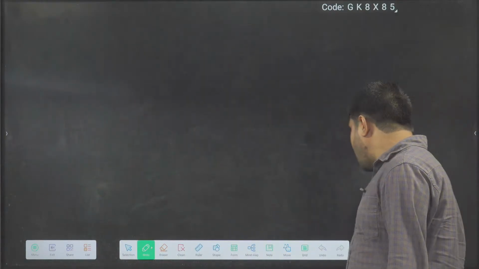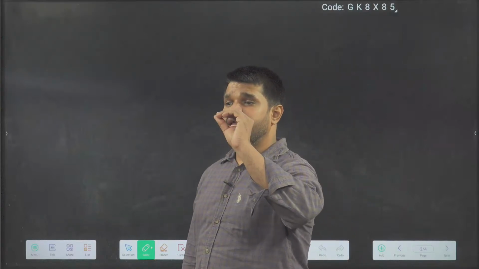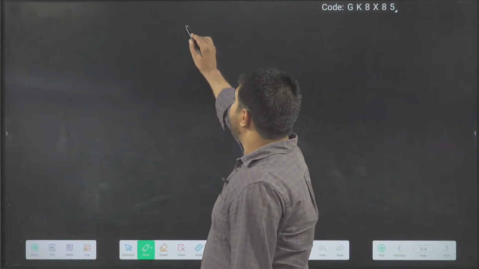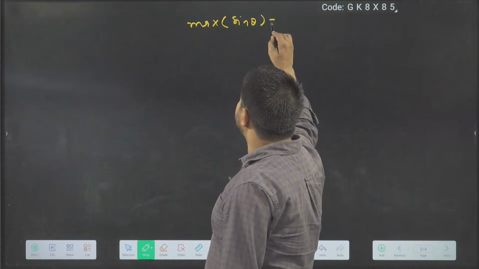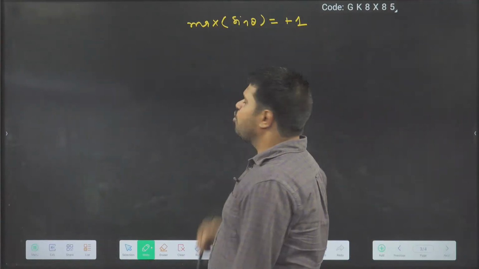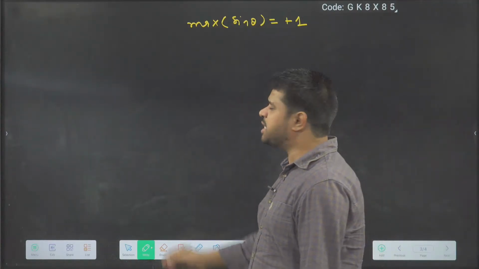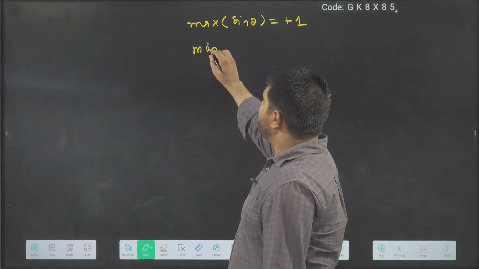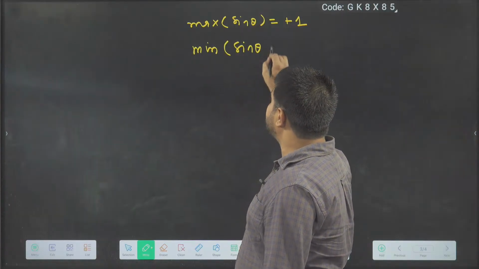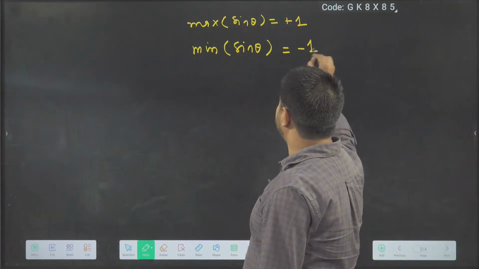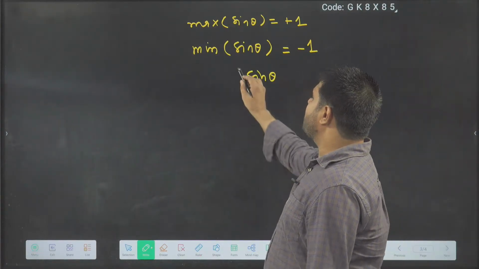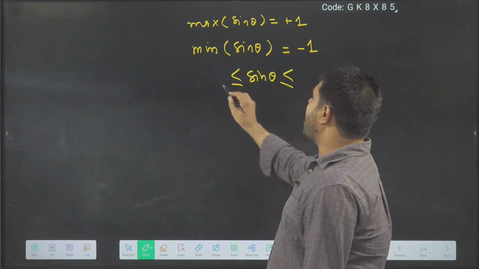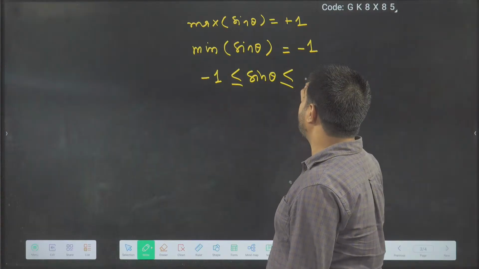Now I am asking a few questions. Yesterday I told you the maximum value of sine theta is plus 1. What is the maximum value of sine theta? Plus 1. And the minimum value of sine theta is minus 1. It means our sine theta must always lie between minus 1 and plus 1.